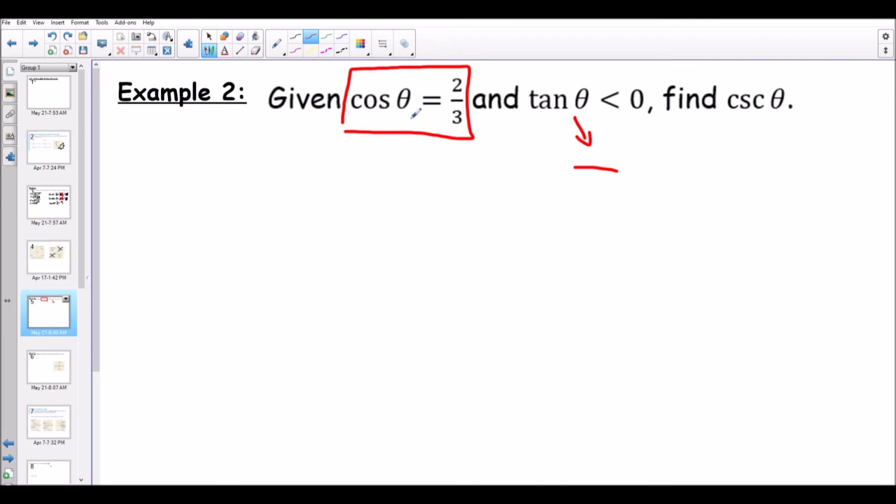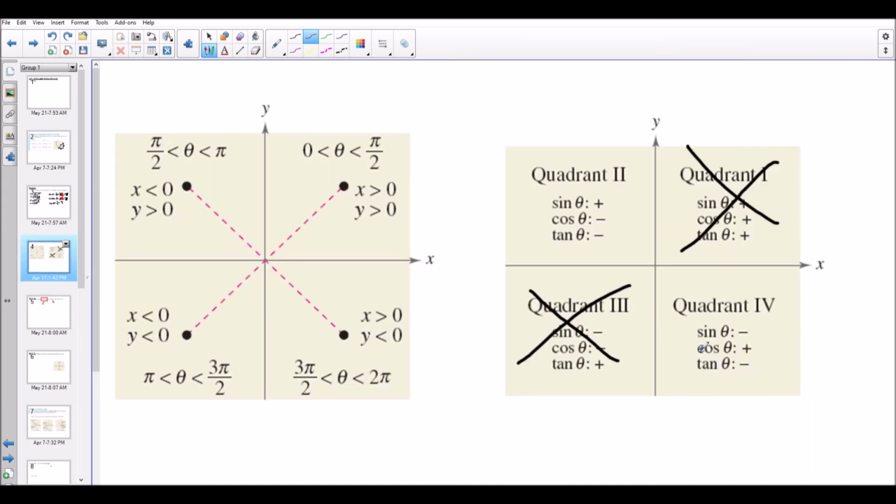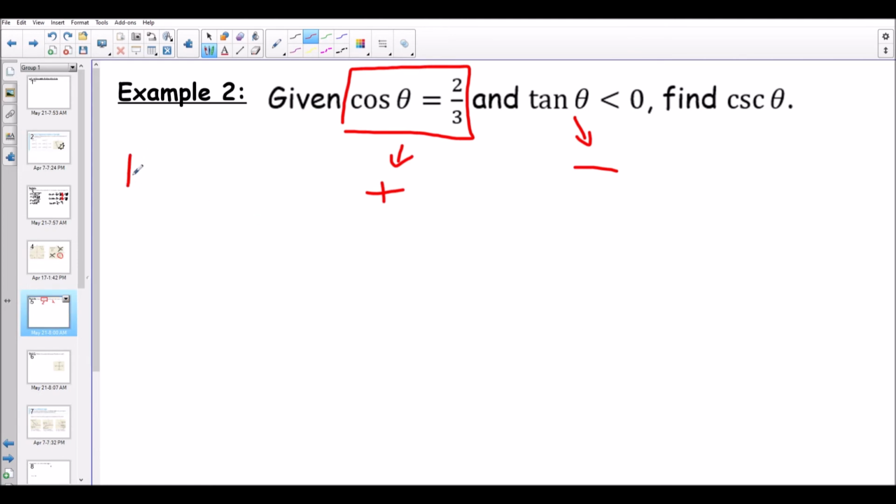So the output of your angle, when you take the cosine of it, is positive. So what we have to do is look for when the tangent is negative and the cosine is positive, and that'll tell us what quadrant we are dealing with. The tangent is negative, the cosine is positive. We are dealing with an angle in the fourth quadrant.